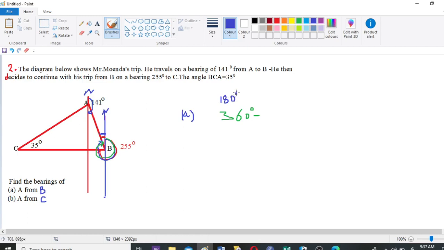we will just say subtracting 141 from 180, we are remaining with 29, right? That's 29 degrees. So this small angle here is 29 degrees.